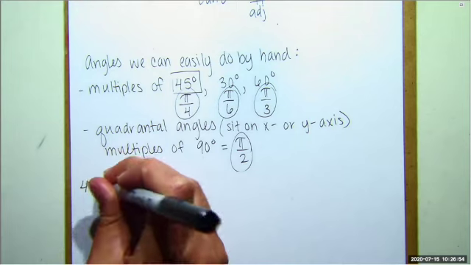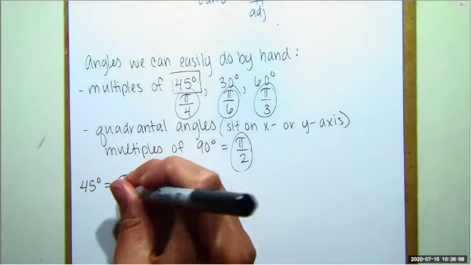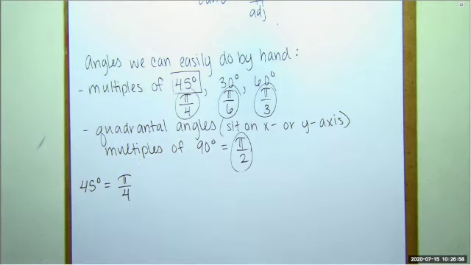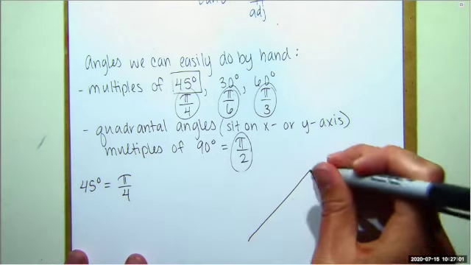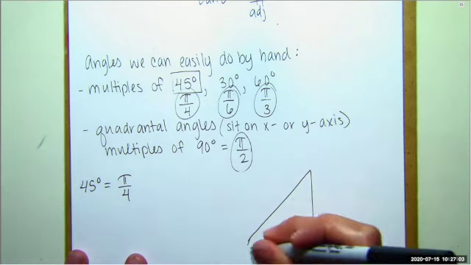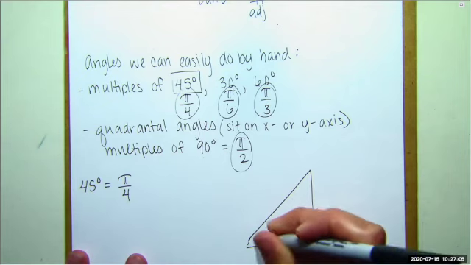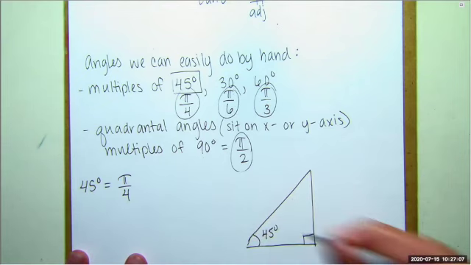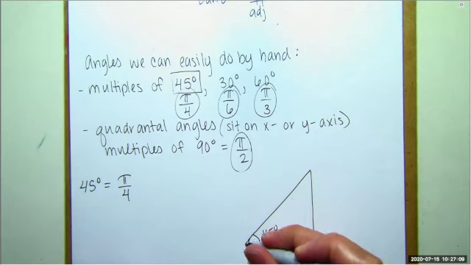Okay, so 45 degrees is pi over 4. What I'm going to do is draw a right triangle that has a 45-degree angle in it. Now let's go back to a little bit of high school geometry.